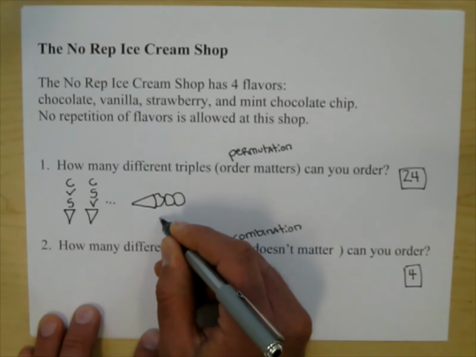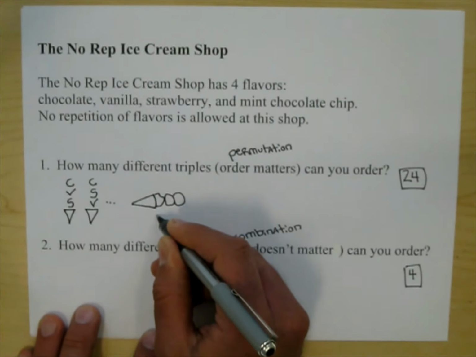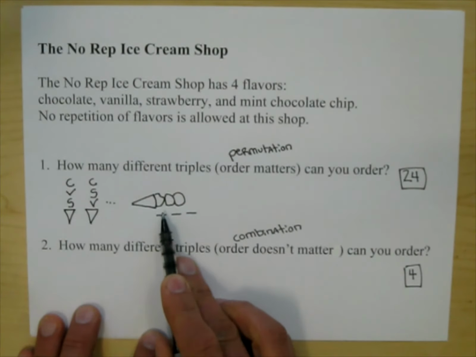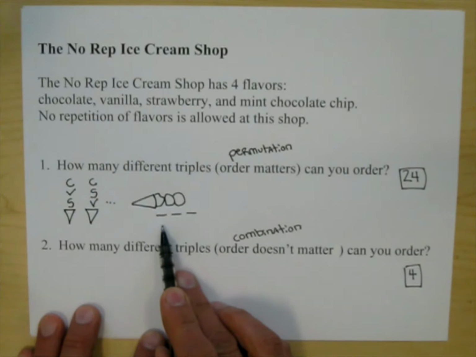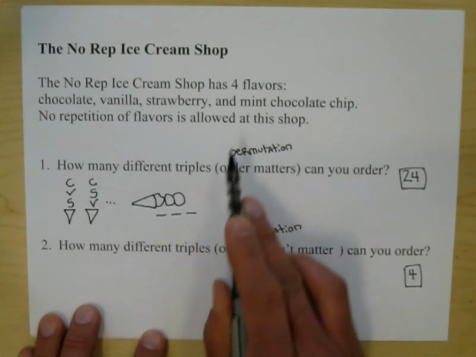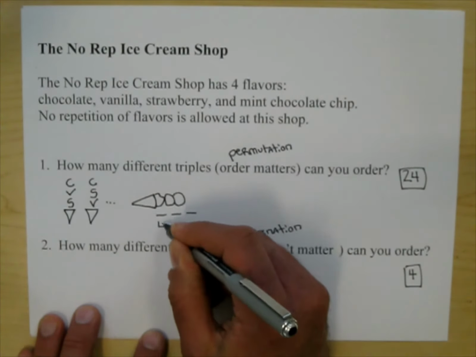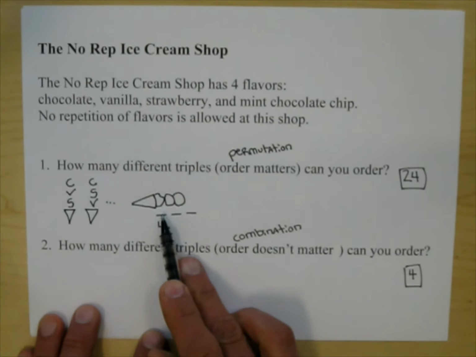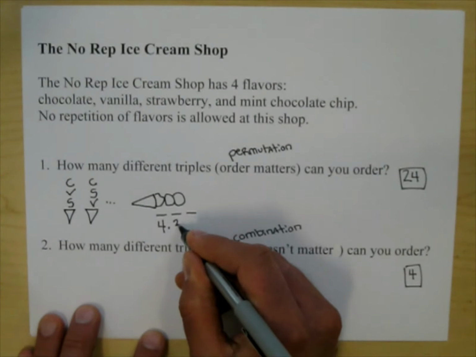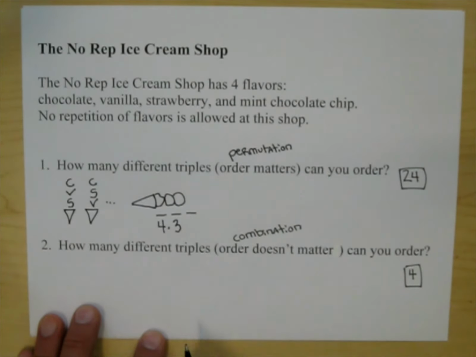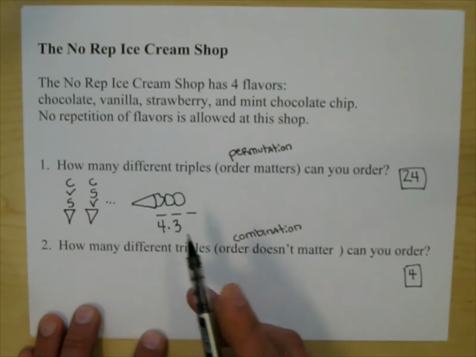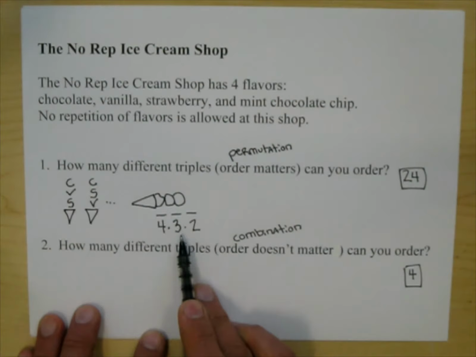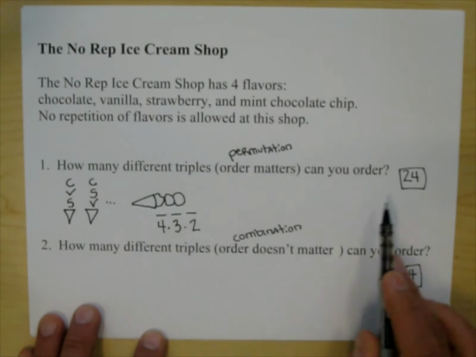Okay, so the way we could have got that 24 is we could have put 3 slots, 1 for each of the scoops, and said, okay, how many choices do we have for our bottom scoop? Well, there's 4 flavors, we have 4 choices. It's the no rep ice cream shop, so after using one of the choices for the bottom scoop, we have 3 for the middle scoop. Now we've exhausted 2 of our choices, and then we only have 2 for the top scoop. Look at this. 4 times 3 times 2, that's 12 times 2 is 24.